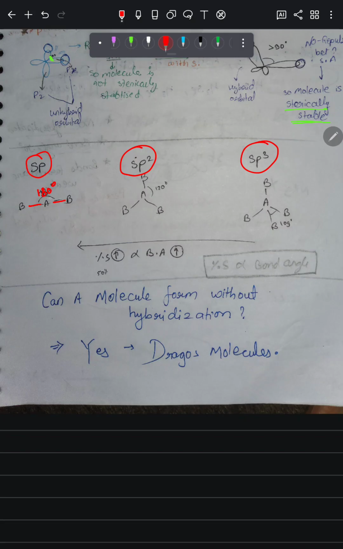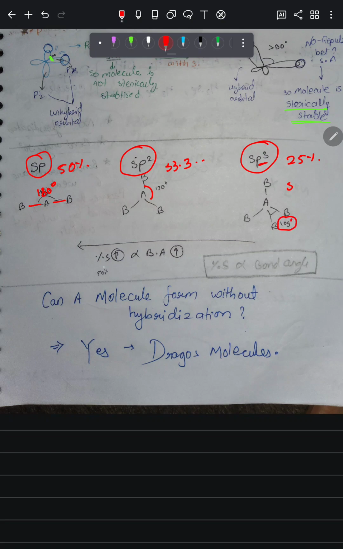In sp2 the angle is 120 degrees because the contribution of s is a little less, 33.3%, and in sp3 it is 25% s and 75% p character, and the bond angle will be 109 degrees.